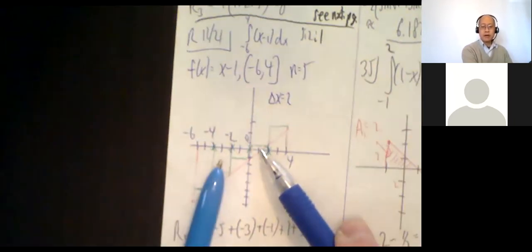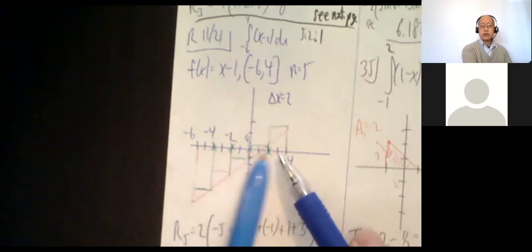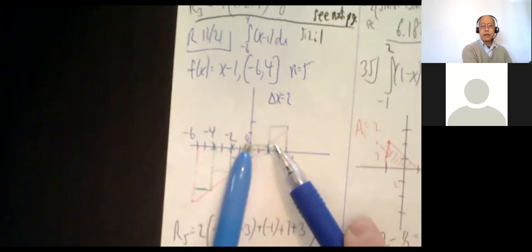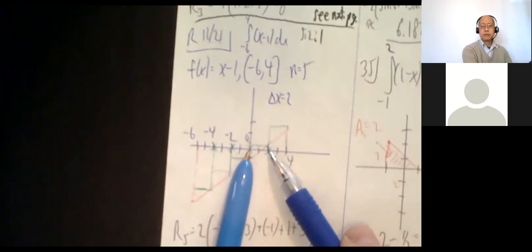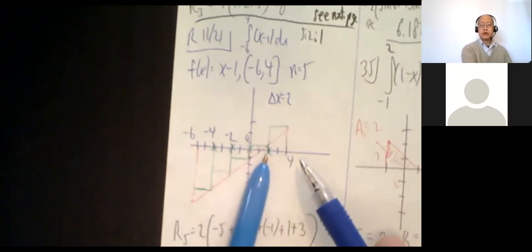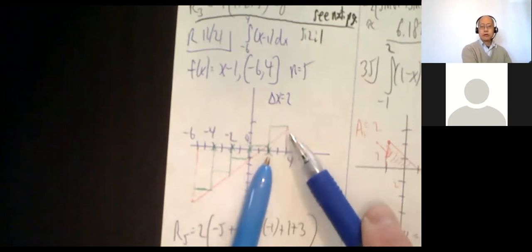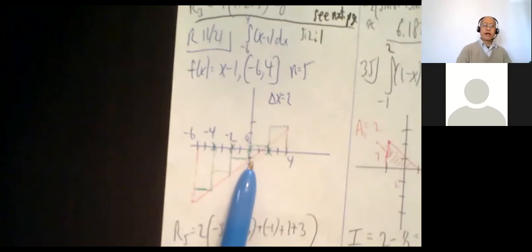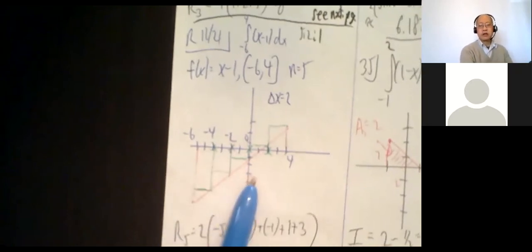So that'll be a negative, that'll be a negative, that'll be a negative. 0 to 2, right endpoint, 2. That one's going to be positive. And then 2 to 4, right endpoint, 4. Go straight up until you touch the curve, draw a negative. So offhand, it looks like there's more negatives than positives, which means I expect the answer to be negative.